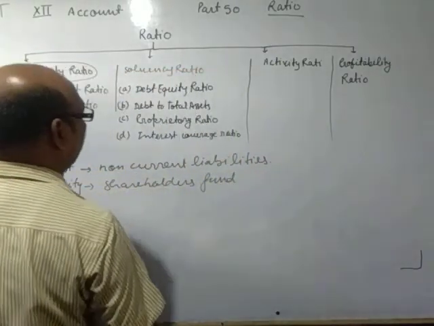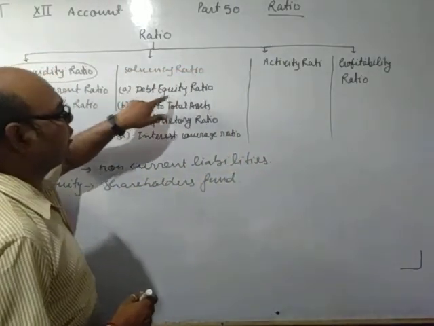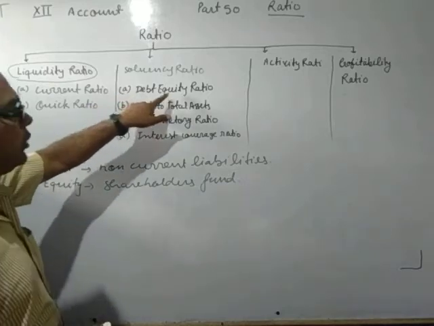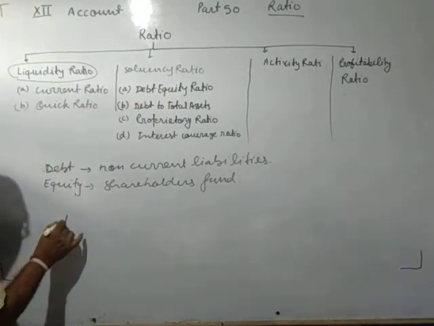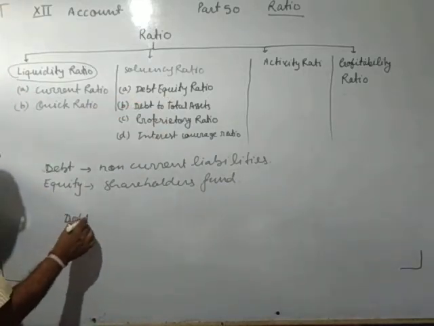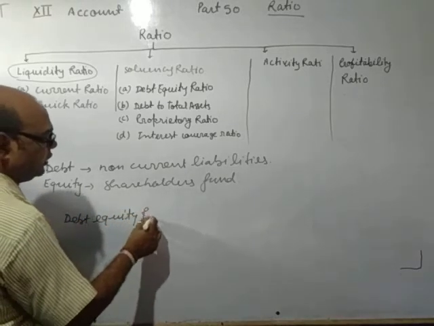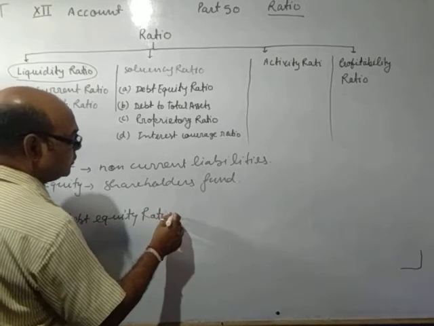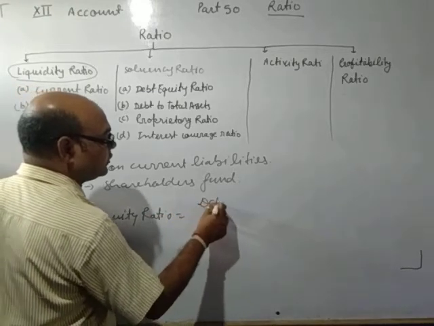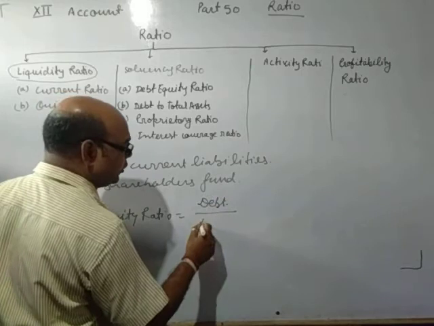When you make the formula for debt equity ratio, it means debt upon equity.